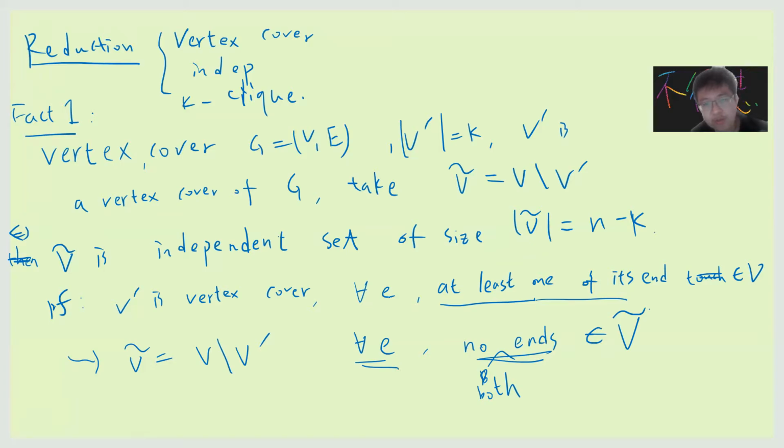Just negation, right? The first statement is that for every edge at least one end is in V prime, but I do the negation, so it means what?